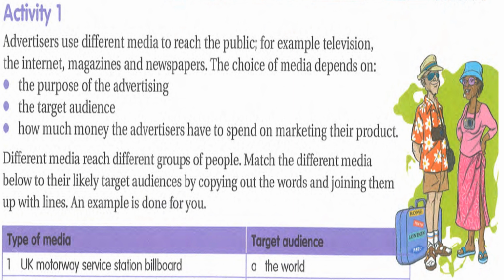Different media reach different groups of people. Match the different media below to their likely target audiences by copying out the words and joining them up with lines. An example is done for you.